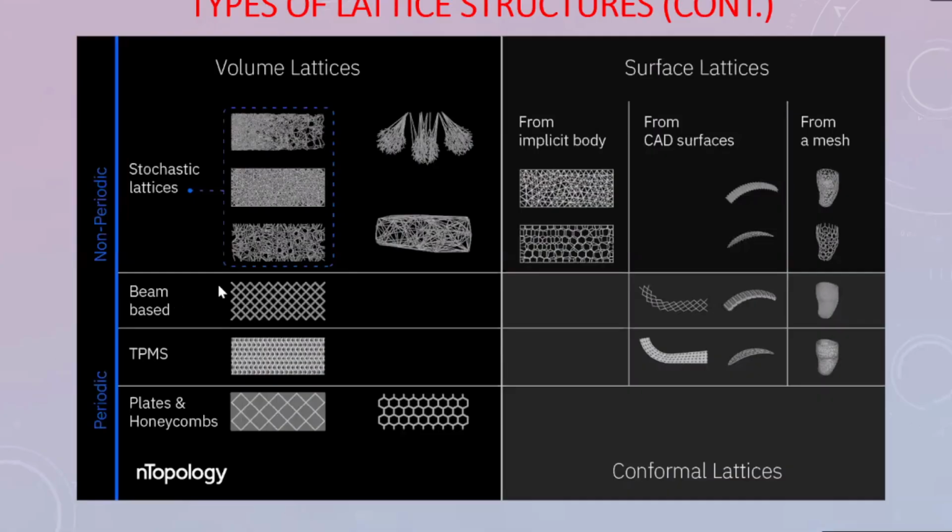And we can have this kind of beam-based lattice structures where the lattice cell, a unit cell, is just replicated in 2D, and we can also have these lattice structures here. And TPMS structures. For creating this hybrid lattice structure, I can suggest you go with nTopology because this is one of the easiest solutions to create it.